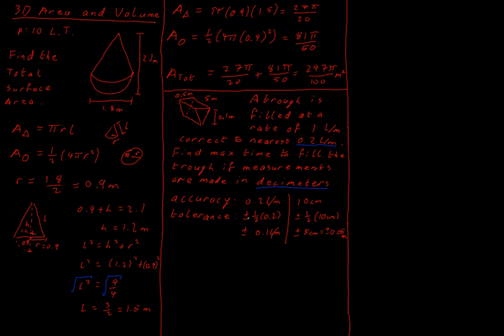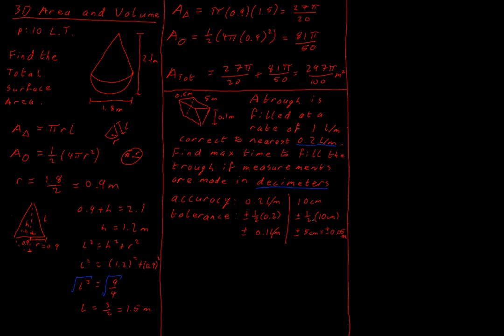So, given the accuracy of the measurements we're told about, our flow rate could be anything between 0.9 liters per minute and 1.1 liters per minute.